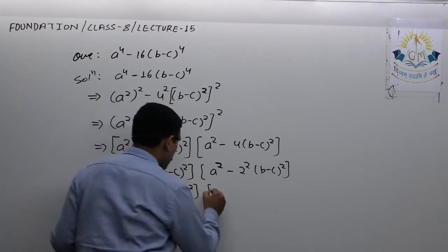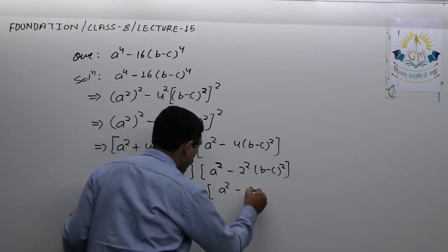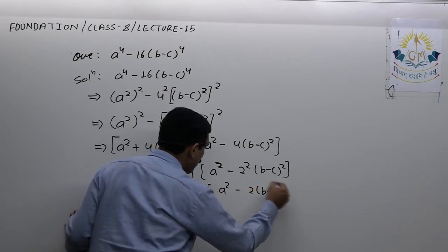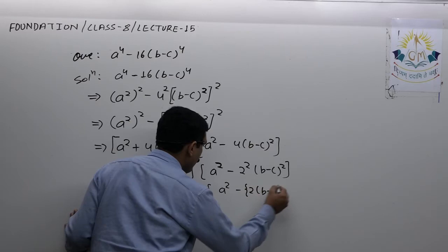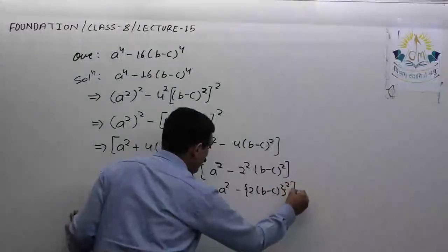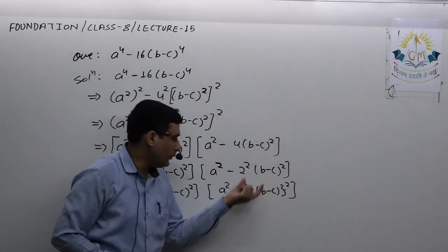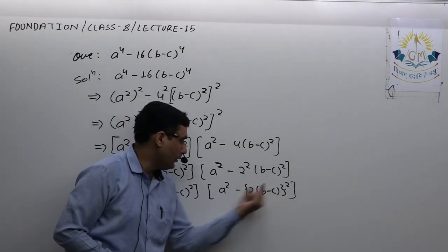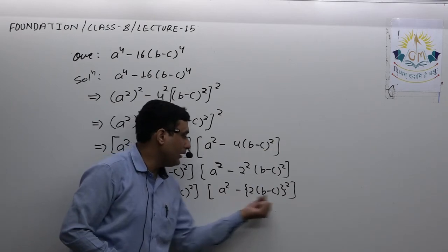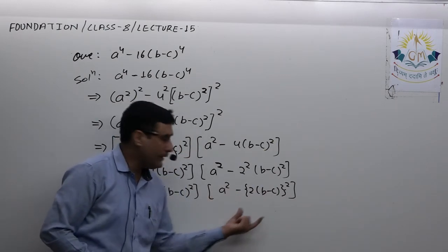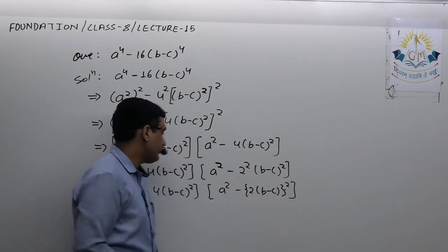And this I write a square minus 2 into b minus c whole square, then square. Okay, 2 square multiplied by b minus c square, I wrote 2 into b minus c whole square. Now this is a square minus b square. Again, before I apply the identity, I simplify this.